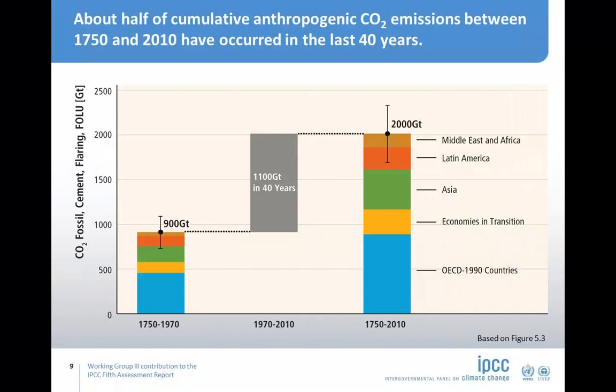About half of the cumulative anthropogenic CO2 emissions between 1750 and 2010 have occurred in the last 40 years. Anthropogenic means due to the operations of mankind. Okay? So, in other words, in the last 40 years, we have started producing huge amounts of CO2 emissions compared to the previous 140, 130 years.